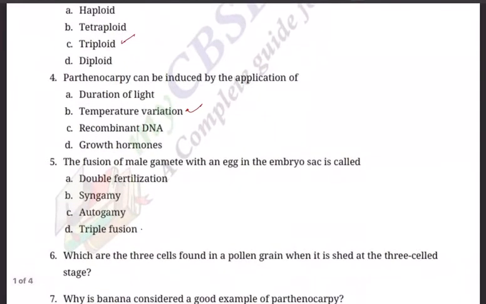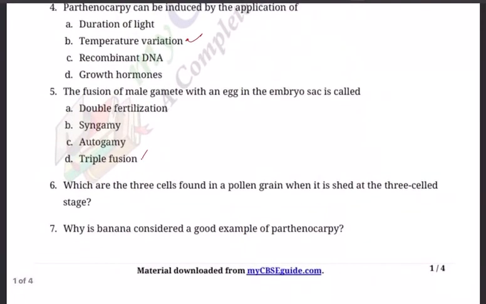Next, the fusion of male gamete with an egg in the embryo sac is called double fertilization, of course, not syngamy, autogamy, or triple fusion. Male gamete with egg apparatus, okay, that should be a triple fusion.